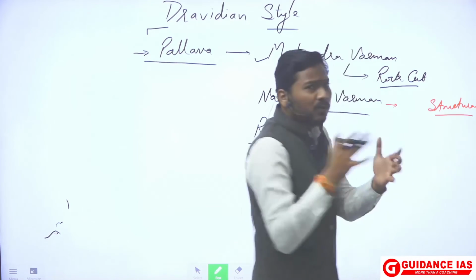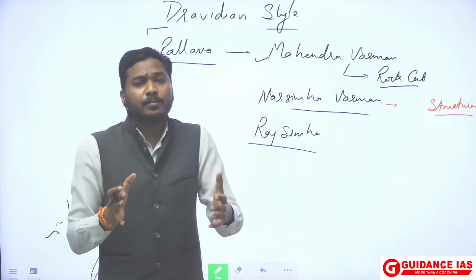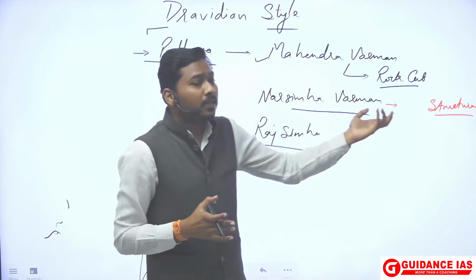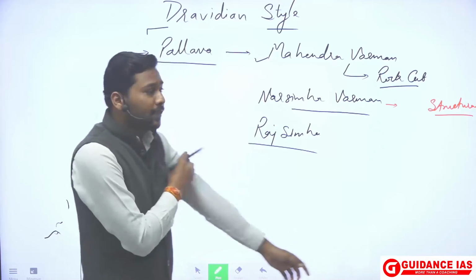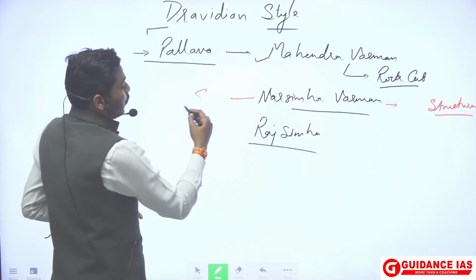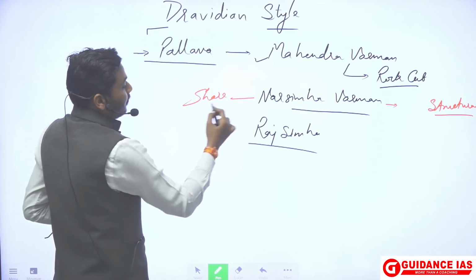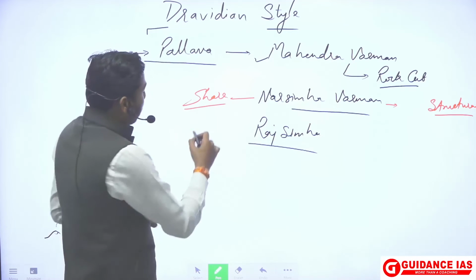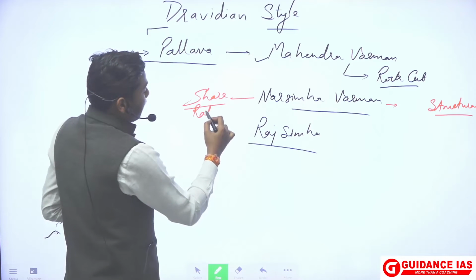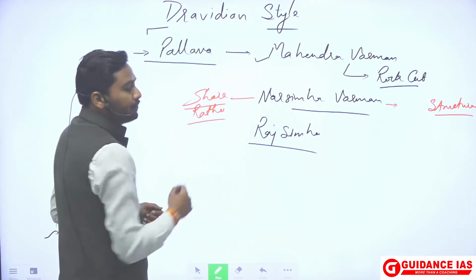So standalone temples started being constructed during Narsimha Varman. The greatest example is the Shore Temple. Clear? Which was constructed in the style of Rath.